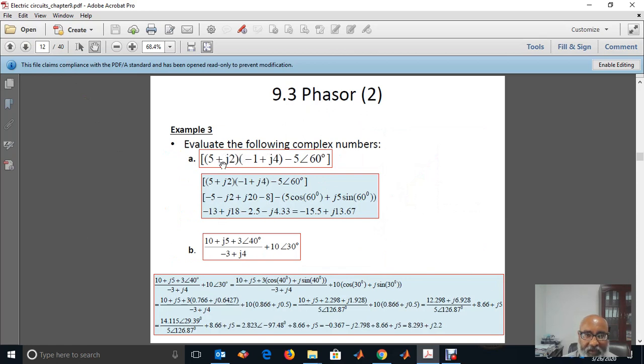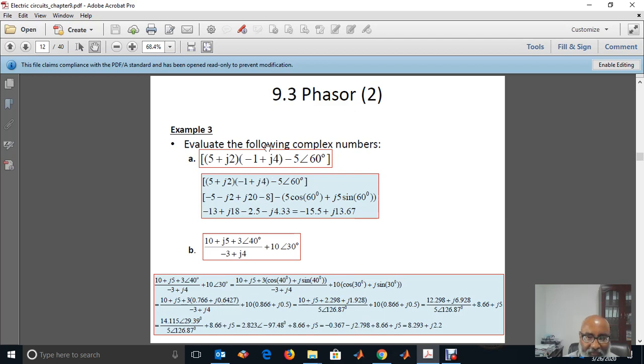For example, this exercise: multiply 5 plus j2 times -1 plus j4, minus 5 at an angle of 60 degrees. So we need to do direct multiplication here. You can follow the steps. So 5 times -1, 5 times j4, and so on.